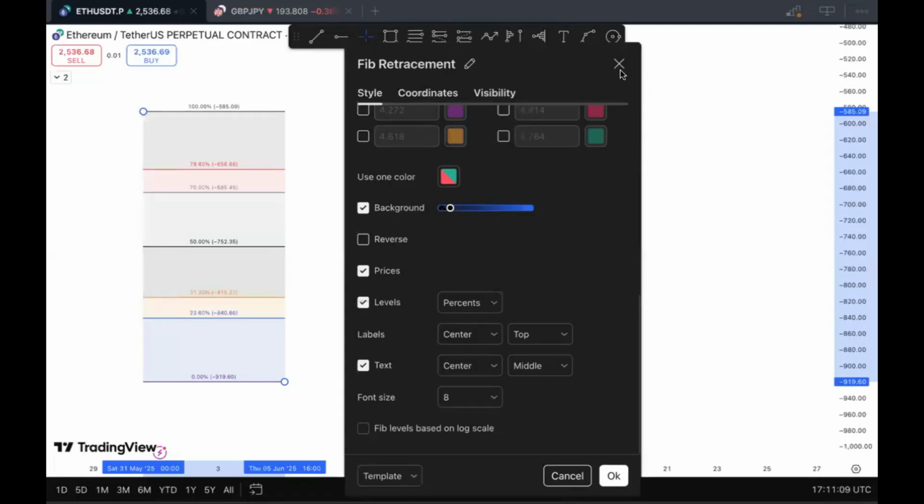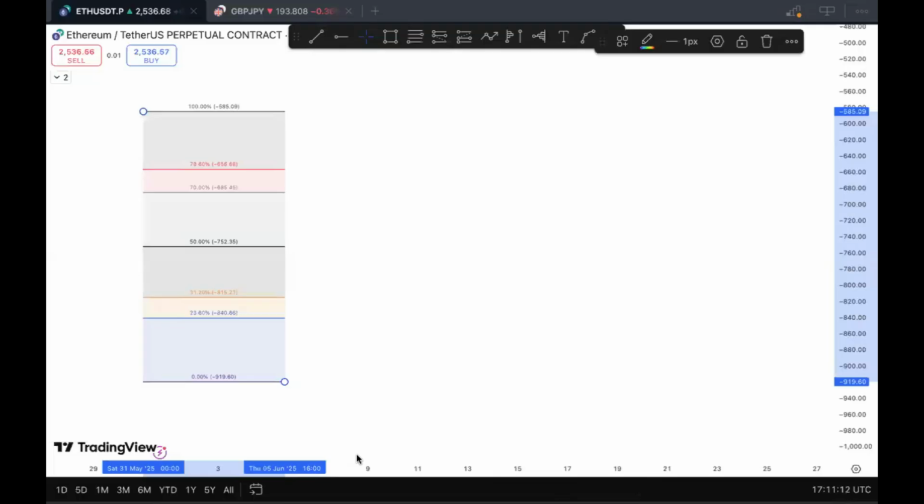Any more questions? Kenny said, can I use the fib on a 15 minutes time frame? Yeah, the fib can be used in all time frames. But this strategy, we don't trade on 15 minutes, please.